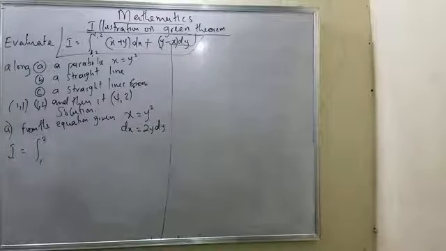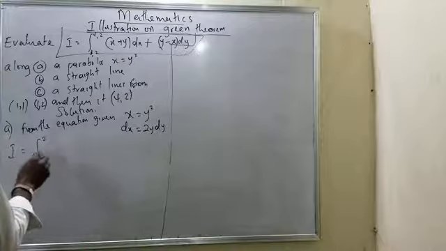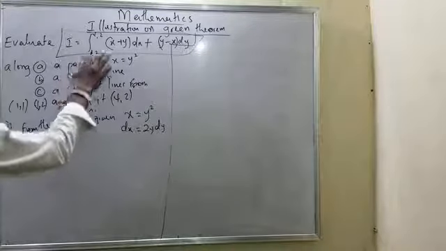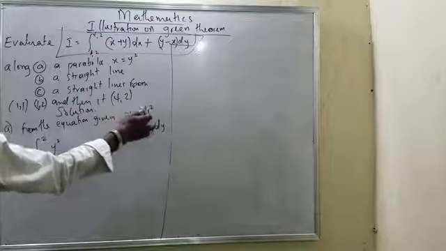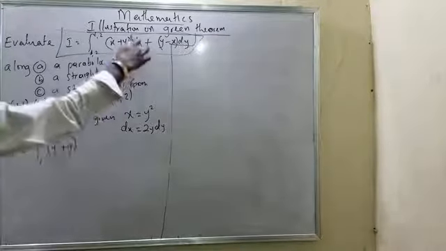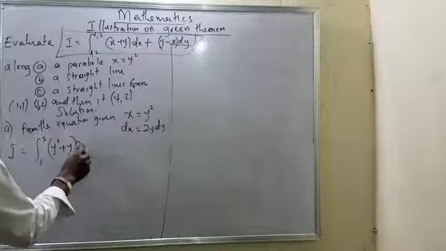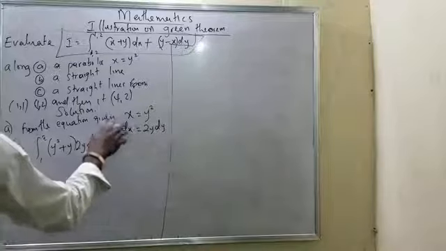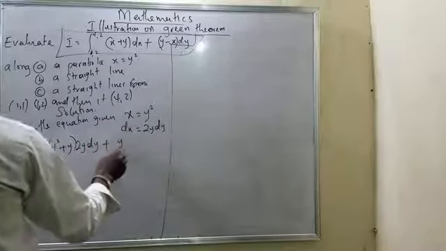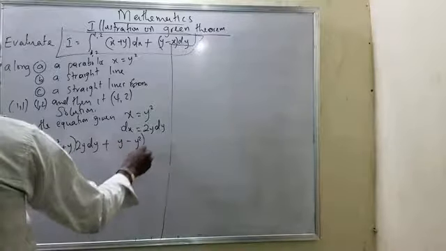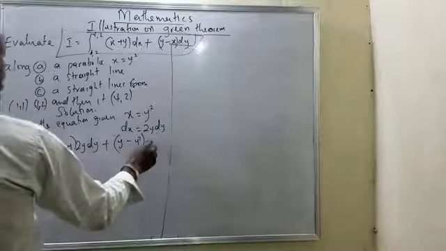Now I'll be having the integral from 1 to 2. What is my dx? My dx is 2y dy, plus what is my y? My y is given, y minus y squared, all in the bracket of dy.